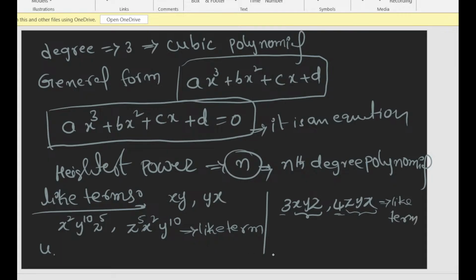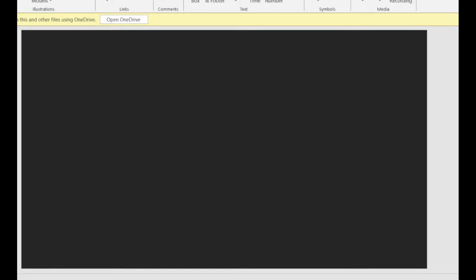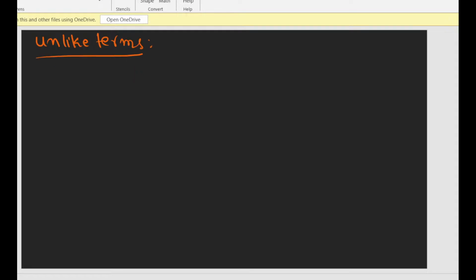If the powers are different, we call them unlike terms. Unlike terms means, for example, x power 10 and y, y power 10 and x. Here the variable is the same but their powers are different.